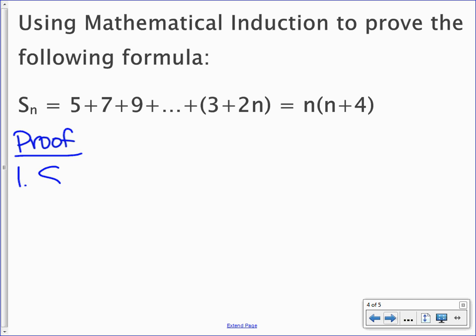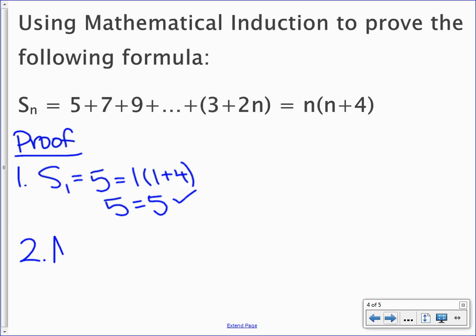The sum of our first term is 5, and n is 1, so we have 1 times 1 plus 4. 5 equals 5.